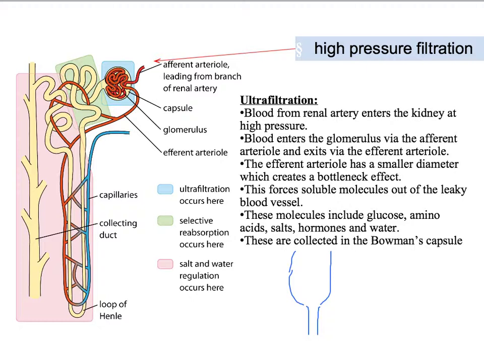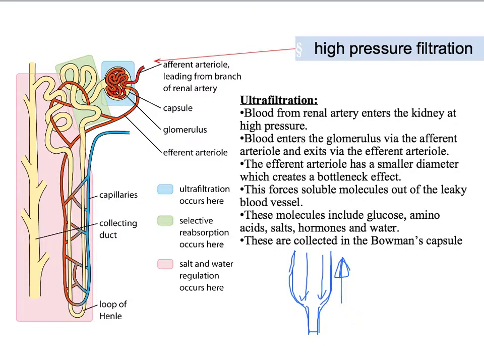To show this, I'm going to use this diagram. So here, imagine that this is going into the efferent arteriole where the diameter decreases, and what we can see is as the blood flows through, it's got less room to get through here. So we're going to get a build-up of pressure behind the efferent arteriole. This will further cause more of the soluble materials to leak out of these blood vessels into the Bowman's capsule.